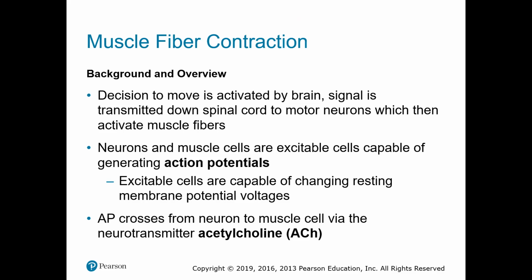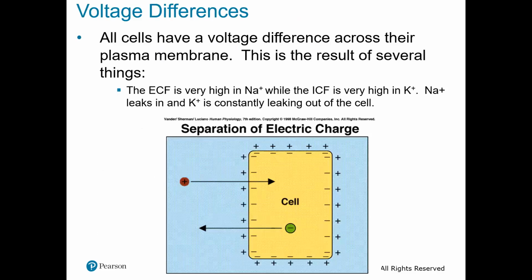There are about 60 different neurotransmitters in our body. Some are stimulating, some are inhibiting. We'll see this when we get into chapter 11, when we talk about the nervous system. Some neurotransmitters will stimulate, some will inhibit. Acetylcholine in skeletal muscle is a stimulatory, or excitatory, neurotransmitter.